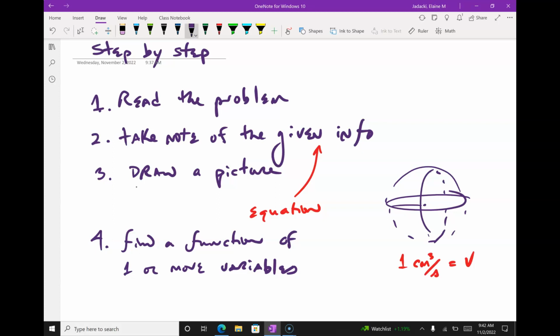You'll have to do some kind of substitution to get it to 2 variables. So find a function of 2 variables. Two variables is what we want, because we're going to know how one changes, and we have to find the other.